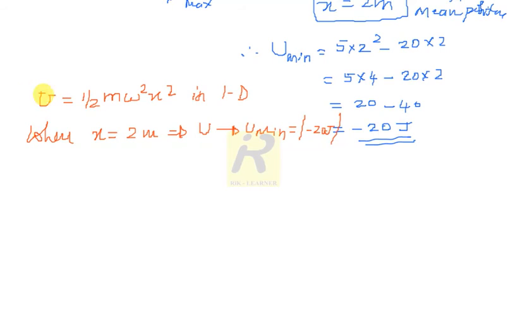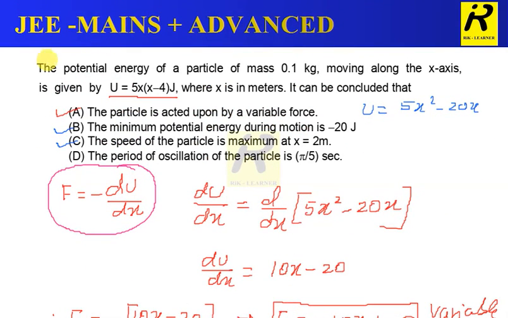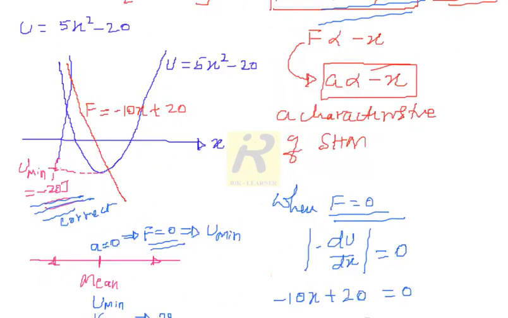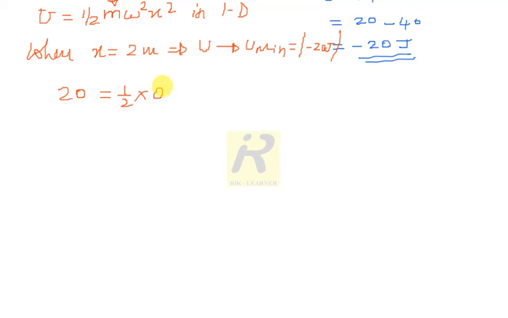So in this U, I can simply write 20, which equals half into the mass given in the question, which is 0.1 kg, into omega square into x, which should be 2 meters, that is 2 square, because we already used U minimum.